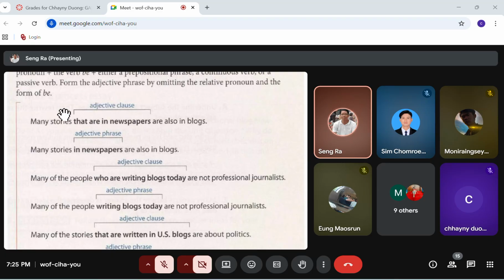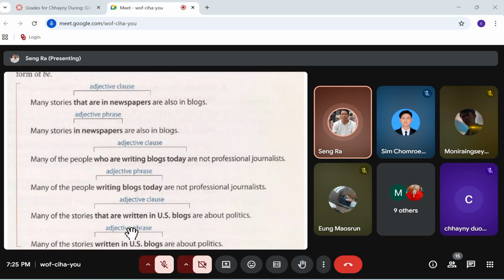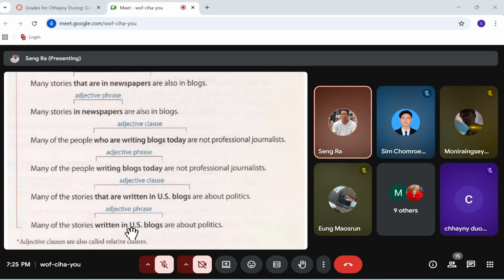The first two, the second two here, all are correct. To put it simply, for example, I heard the baby who was crying. To make it short, I heard the baby crying.